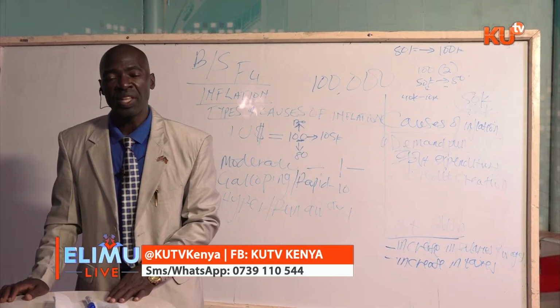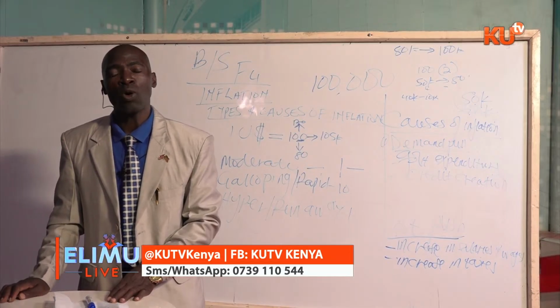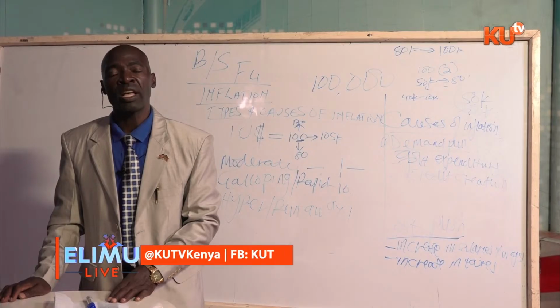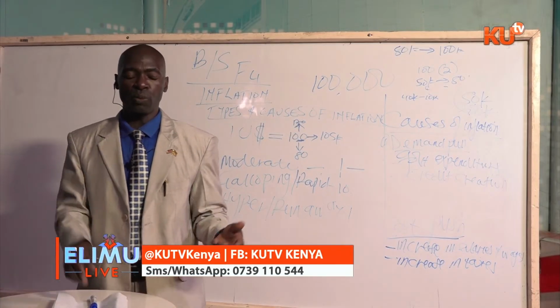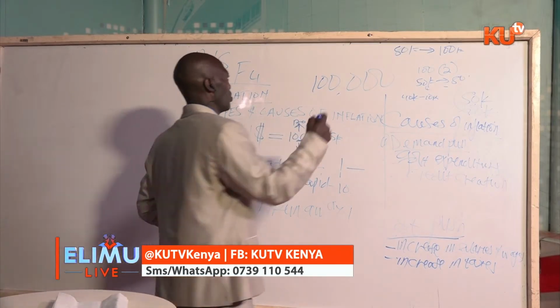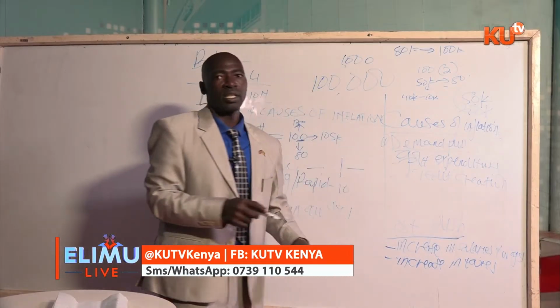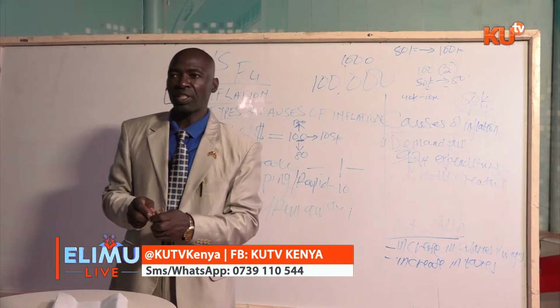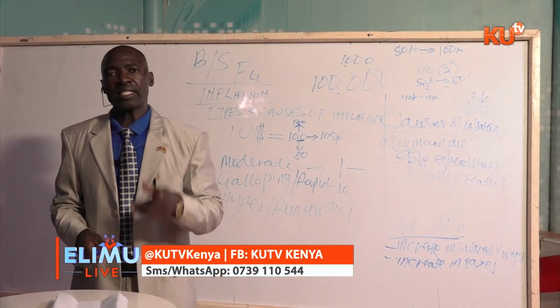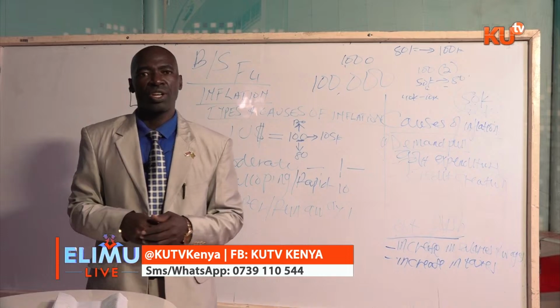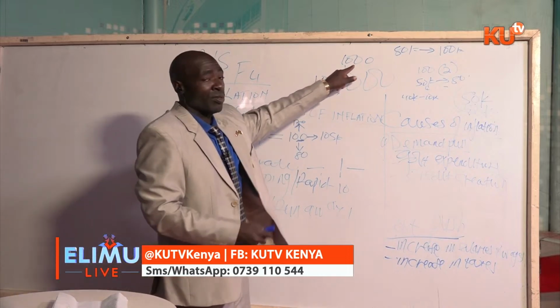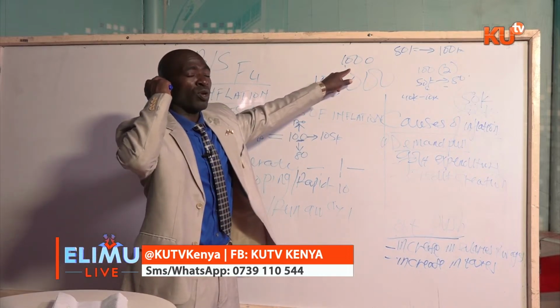At the end of the day, the amount of money at hand or in our pockets loses value, because if before the taxes you had 1,000 shillings, and then the taxes have been increased. Before the taxes, you used 1,000 to make a shopping that can last up to a week.